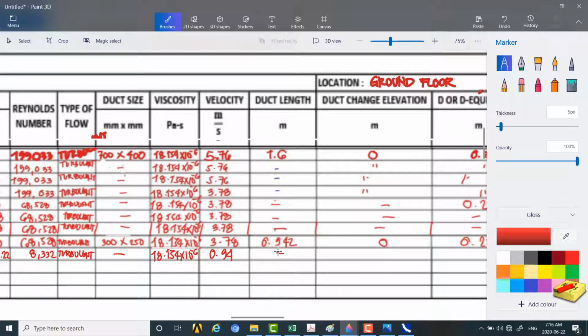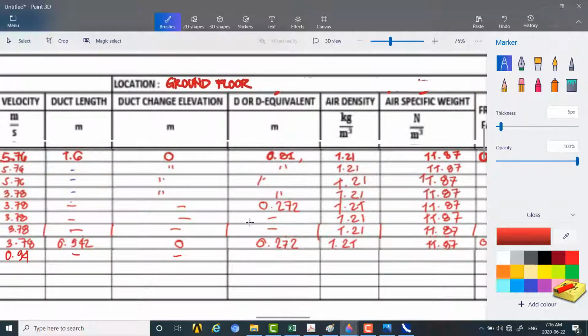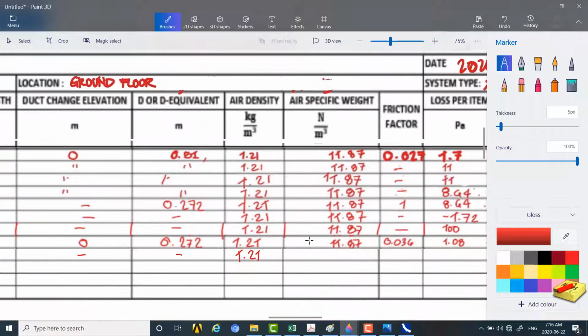Then our duct, okay, we don't have the duct length, so the change in elevation we also don't have. Disregard. Air density will be 1.21 kilogram per cubic meter. Specific weight is also the same, so this is 111.87.